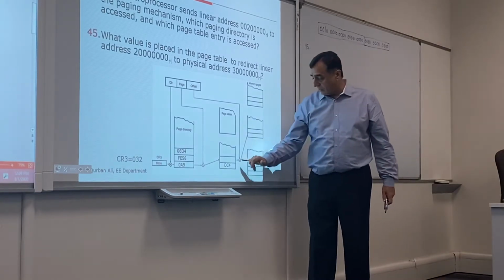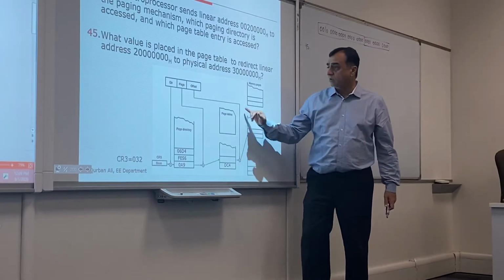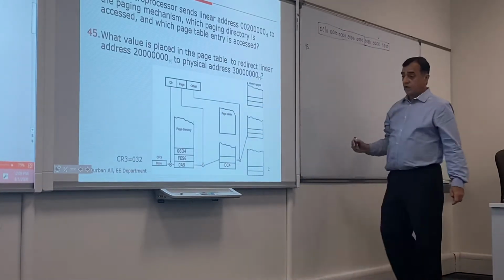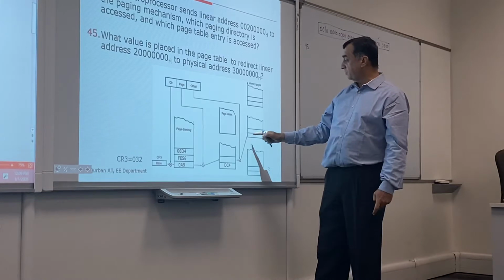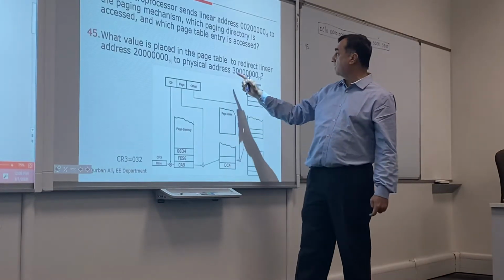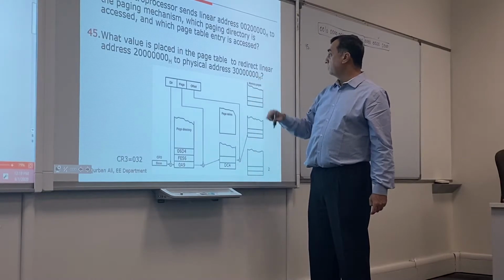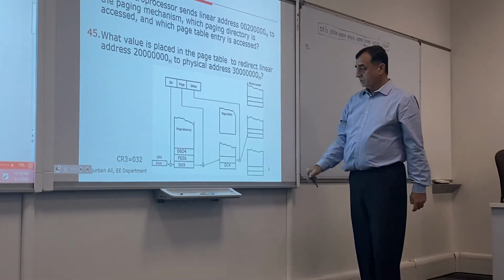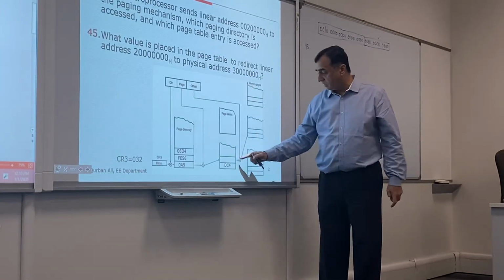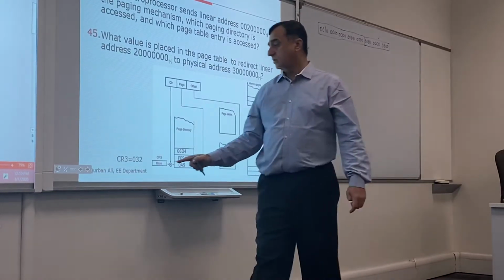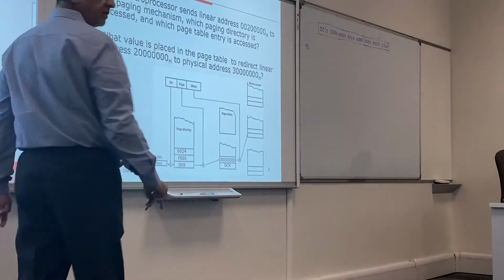So this one minus this one. What is the offset? 0. So I have to subtract 0 from the physical address. And what is the physical address? 30 million, right? So 30 million minus 0 is 30 million. Whatever is here, that is coming inside. Okay? So the answer is what you have.